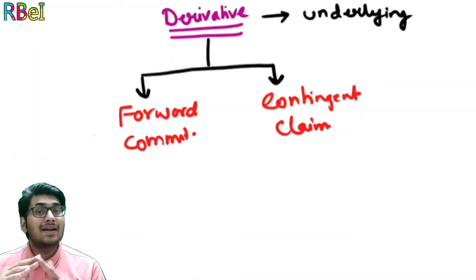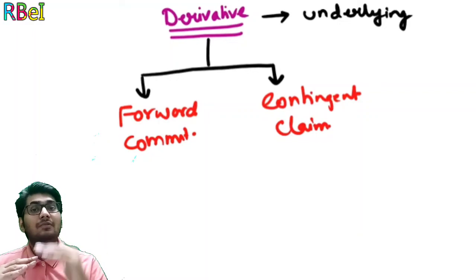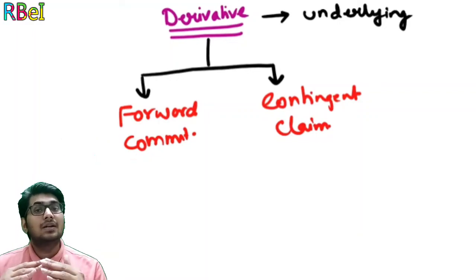So it is contingent on the event that the price of the apple will rise. Similarly, there can be a contingency where you want only the right to sell rather than the obligation. So you say that I am going to sell the apple at the rate of 40 only if the market price falls below 20.